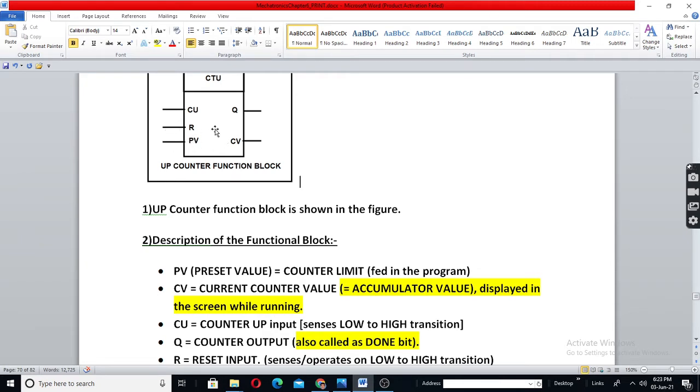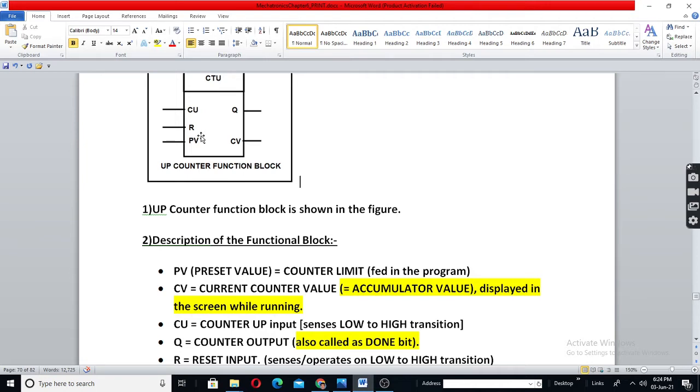Then disable the reset, then it will count the number of pulses at the CU input. For each pulse, the accumulator or current value, counter value will get incremented. When the current value reaches PV, the preset value, this will get set. By giving reset, it will begin for the next cycle.